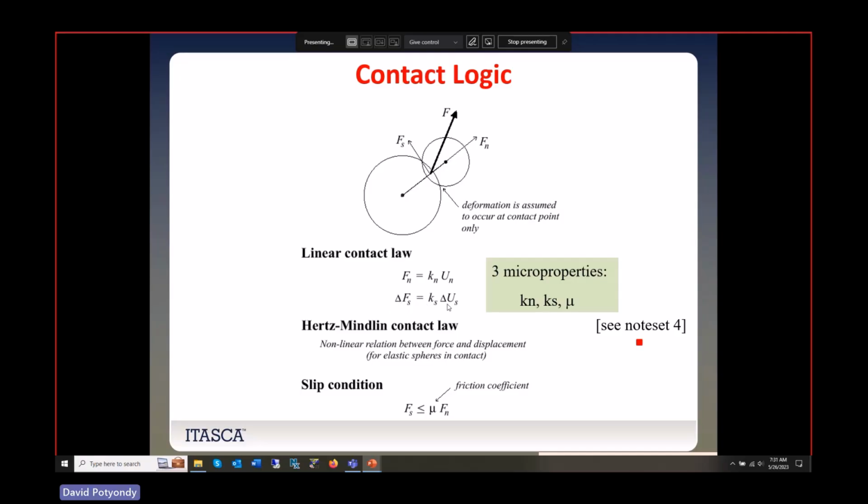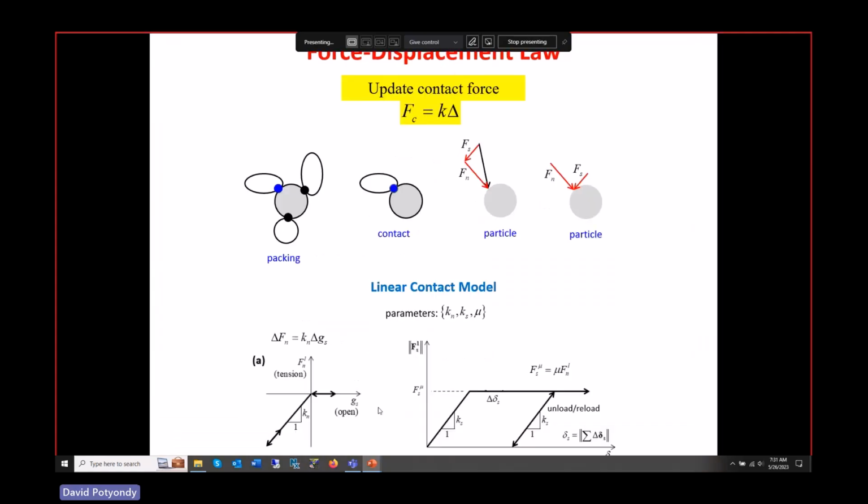It's Ks times Us, but then you also have to say, am I slipping or not? So I'm going to have to compare the shear force to this limiting shear force. And if I'm bigger than it, I'm going to chop it back down. So if I take an increment and go up like this, then I check: are you above the limit? Oh, you are. Push yourself back down to the limit.